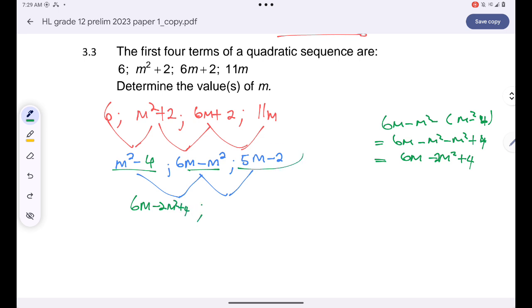And then if I take this and subtract that, I'll simply have 5m minus 2 minus 6m minus m squared. That's 5m minus 2 minus 6m plus m squared. So this will end up giving me m squared minus m minus 2.